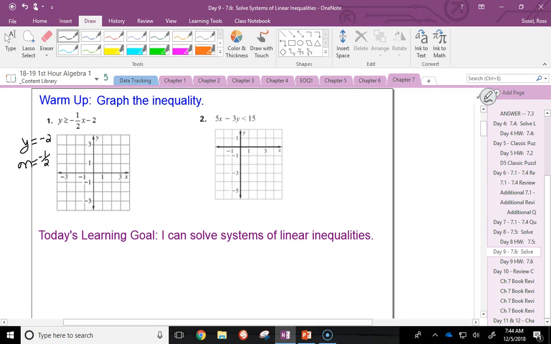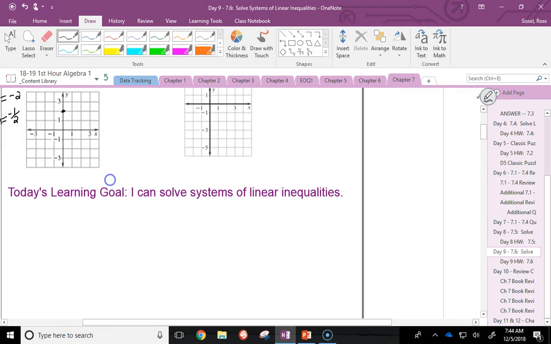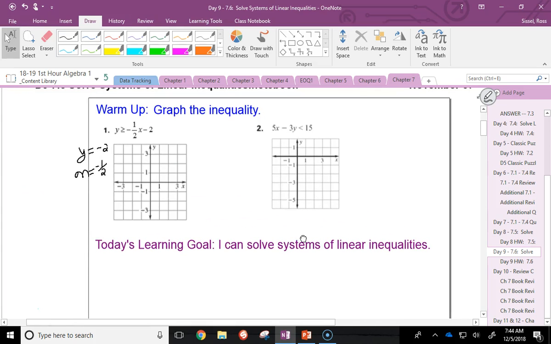First thing I do is I put my point, my y-intercept, at negative 2. And then we use our slope, negative 1 over 2. I'm going to go up 1, left 2.